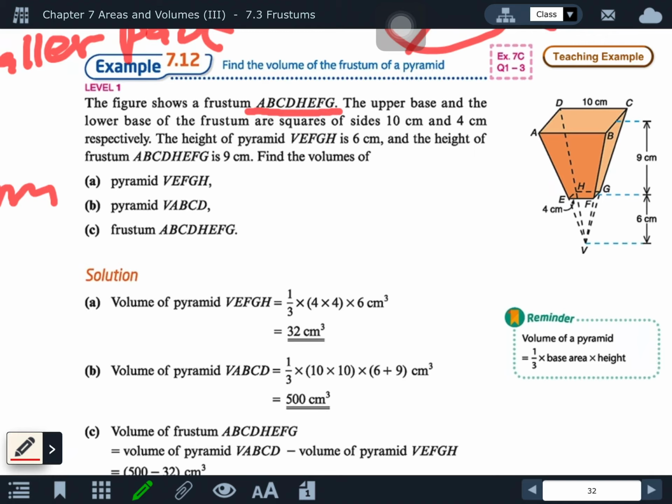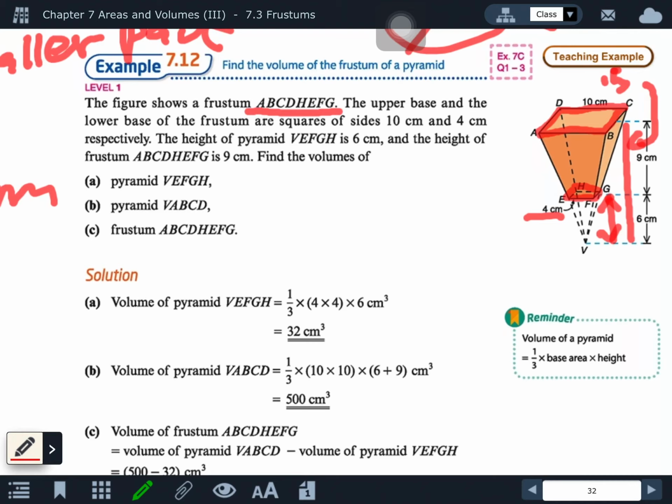The bigger face is a square base with side 10 cm, and the height of this pyramid is totally 15 cm, which is 9 plus 6. The smaller part of this pyramid also has a square base, but with side 4, and the height is 6.